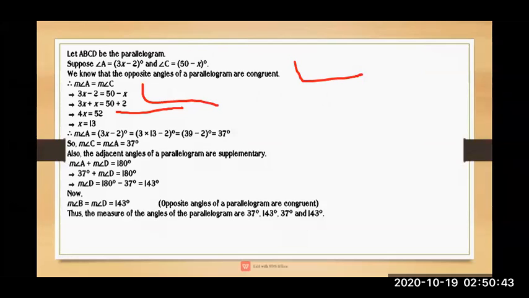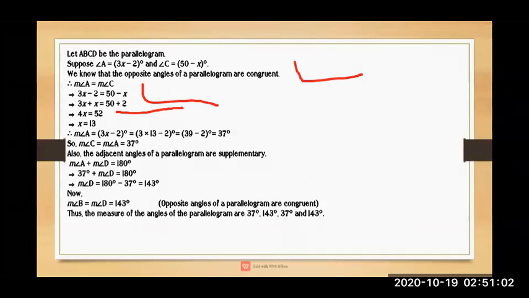Now the next step is what? You have to put the value of x in the angle A, that is 3x minus 2, and in 50 minus x. Therefore, measure of angle A equals 3x minus 2.